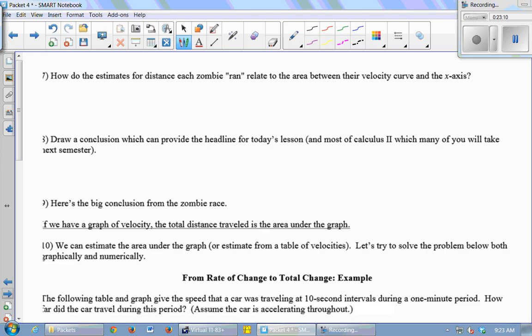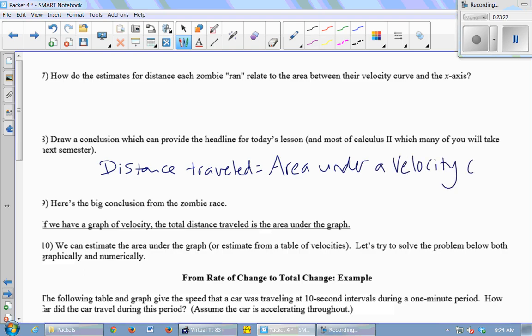So our conclusion, which is the headline for today's class, is that distance traveled equals the area under a velocity curve. So if you have a velocity graph, the total distance traveled is the area under the graph.